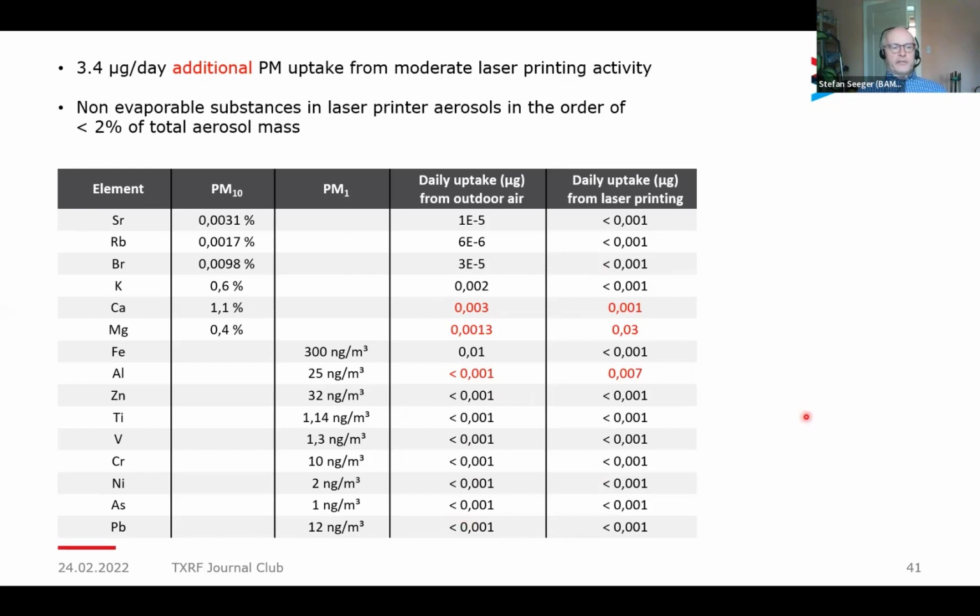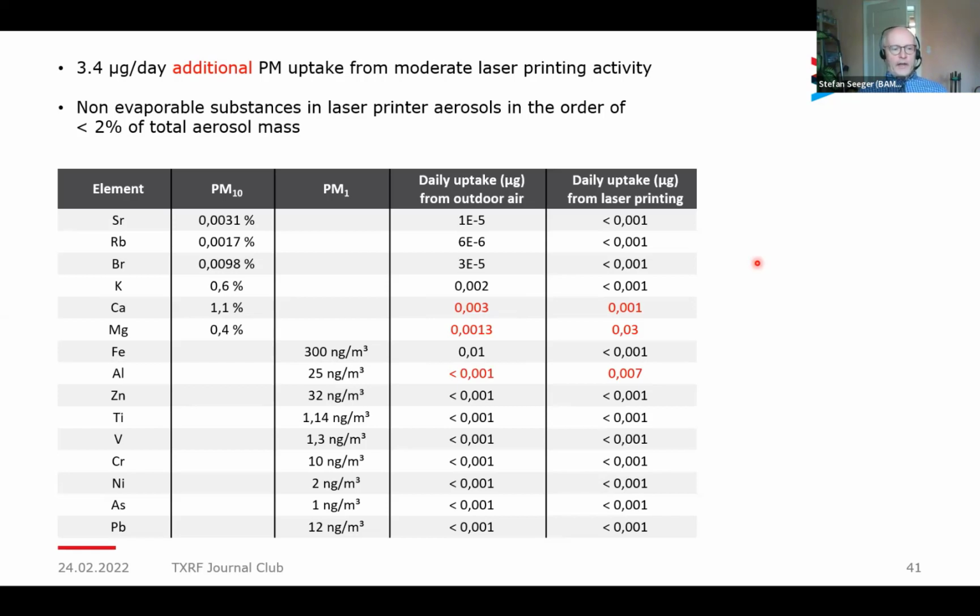And that was quite important to learn, because the laser print emissions have been under high debate in the past decade, and there have been people claiming severe health effects from these exposures to laser printer activities and aerosols, and others who argued against it. And well, the only way to answer that properly is just analysis like this, that is the comparison of the aerosol compositions as we did here.